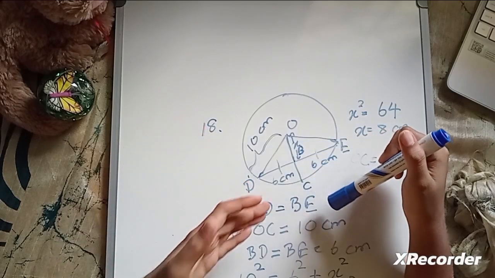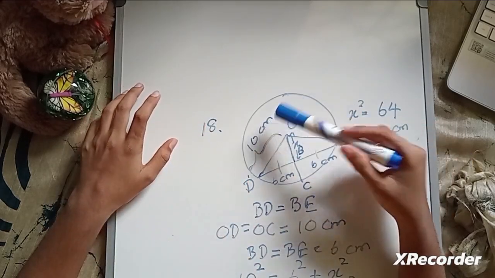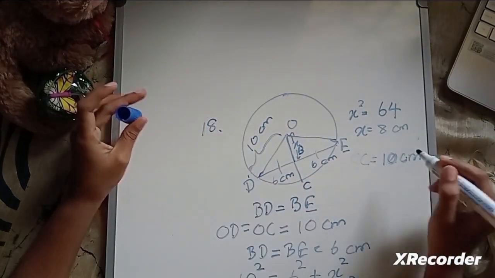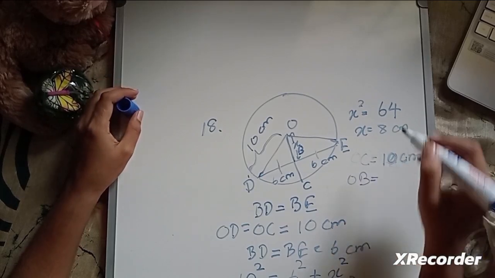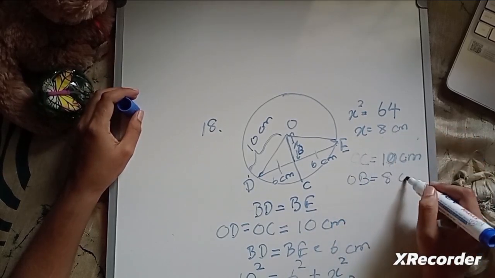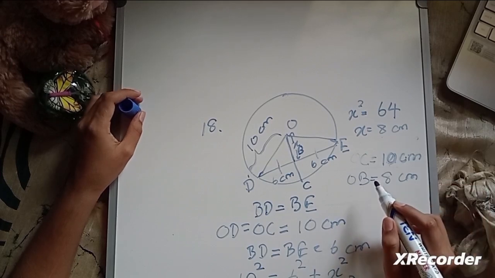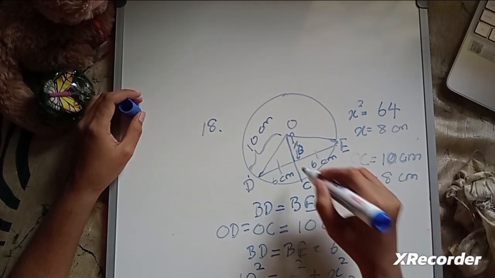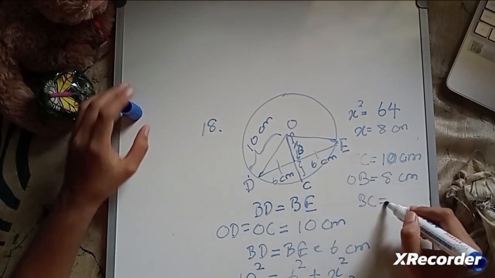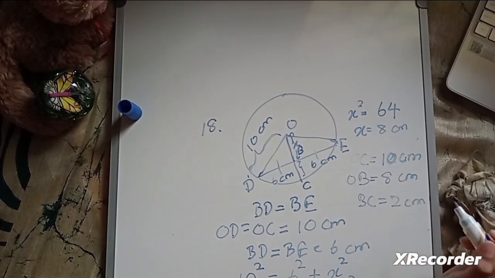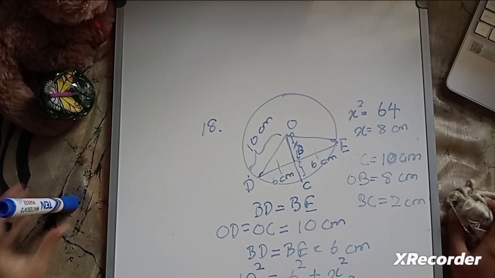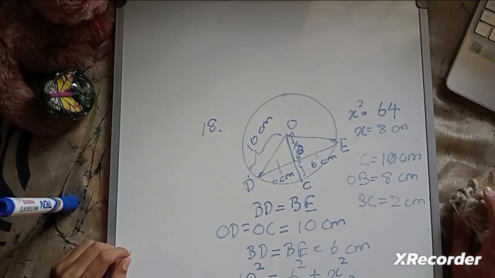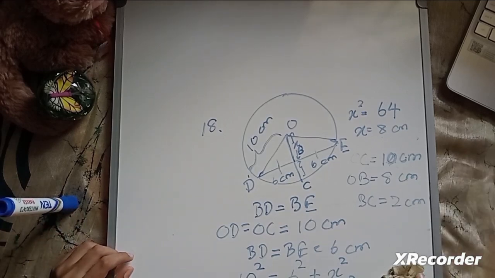So OC is also a radius. So OC is 10 centimeter. OB, we have found this value 8 centimeters. So BC, this part, is 2 centimeters. So we can solve this problem like this.